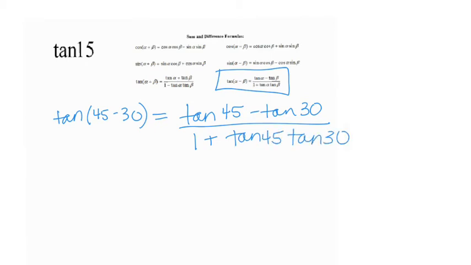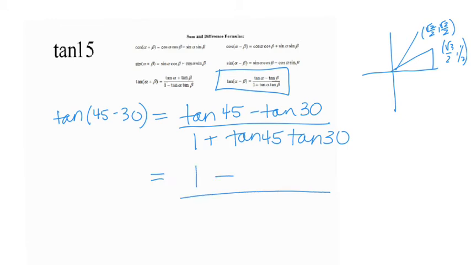Okay? So first thing you should do is check out your unit circle. I need 30 and 45. The tangent of 45 is 1, so that makes our life easier for some of this. So 1 minus, and then 1 plus 1 times. Now I have to come up with tangent of 30.